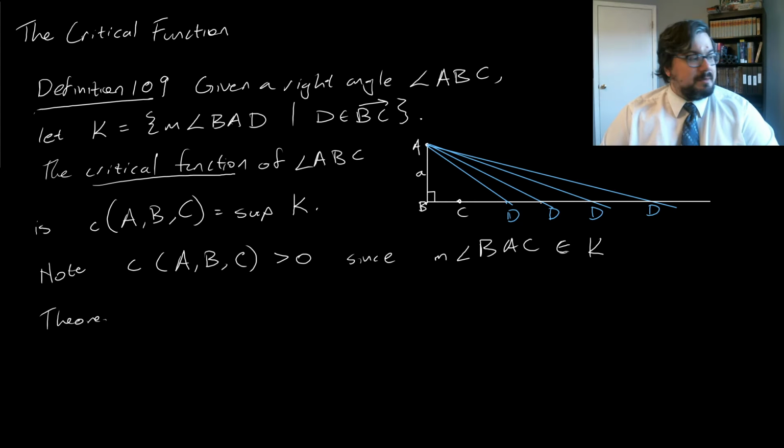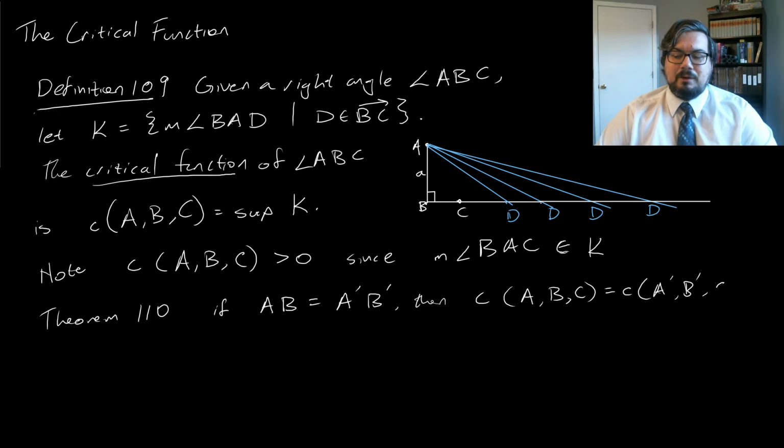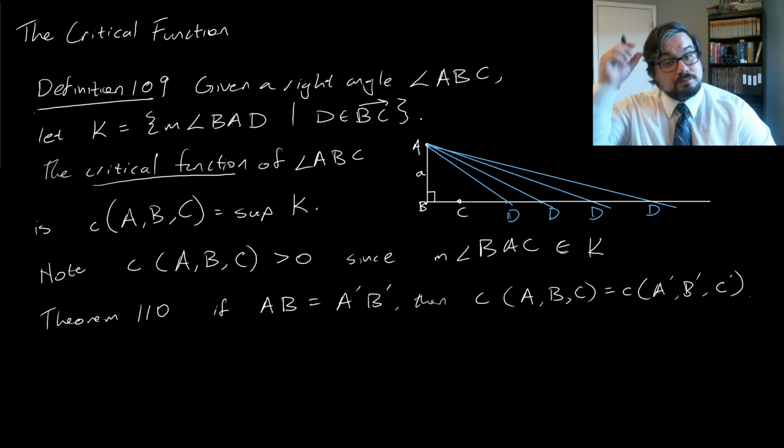So Theorem 110 says that if the distance from A to B is equal to the distance from A prime to B prime, then the critical function of ABC is equal to the critical function of A prime, B prime, C prime.